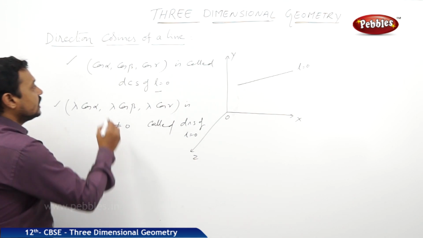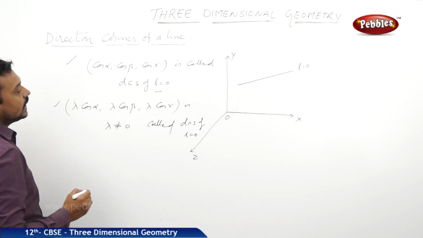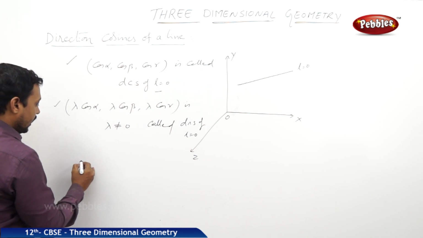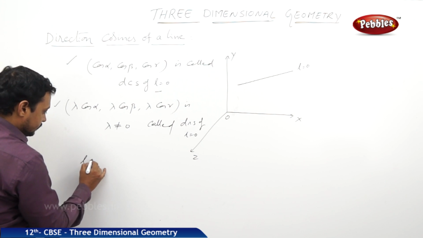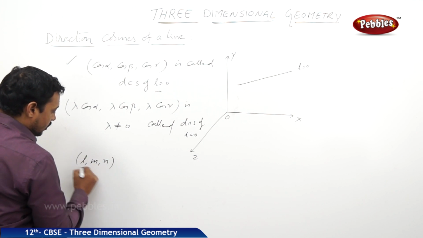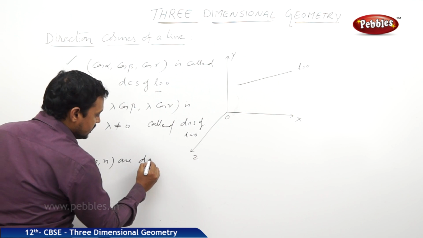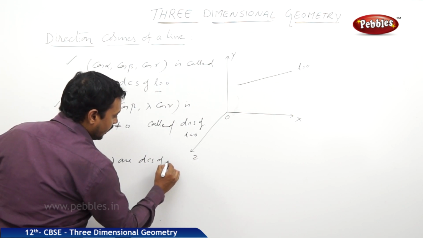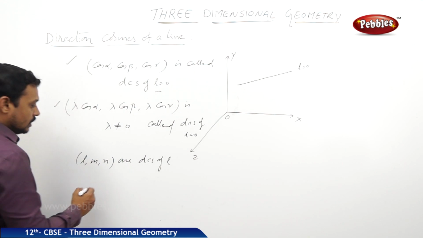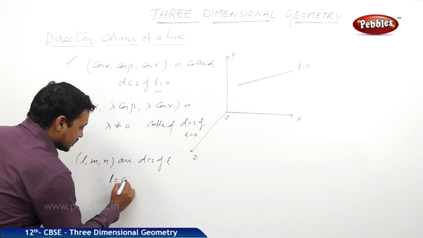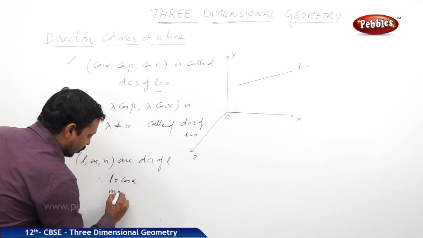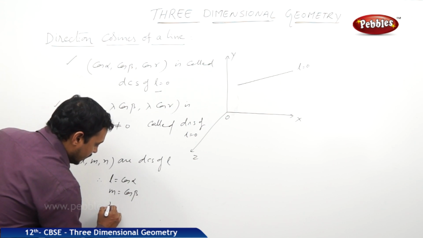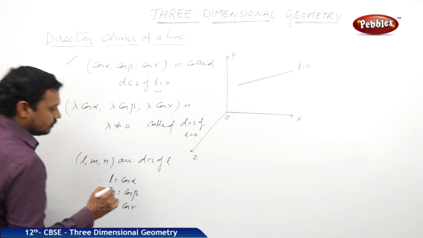Now, generally the direction cosines of a line are denoted by l, m, n. Therefore, l is equal to cos alpha, m is equal to cos beta and n is equal to cos gamma.